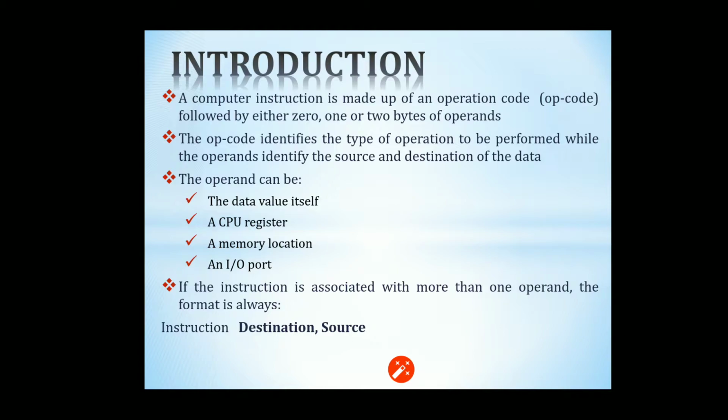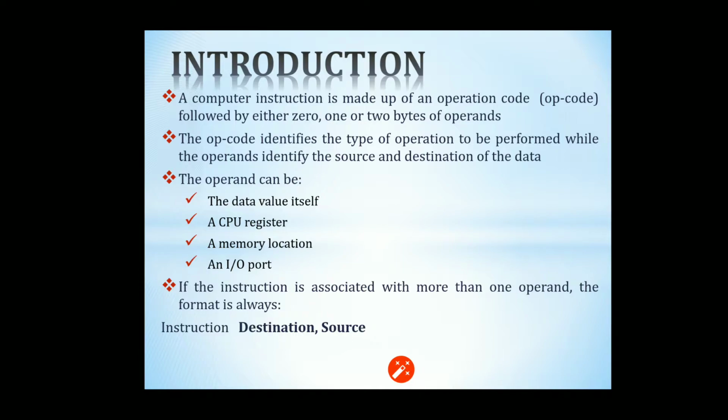As we know, a computer instruction is made up of the operation code, in short we call it opcode, followed by either 0, 1 or 2 bytes of operands. Operands are nothing but the data attached to the particular operation code. The opcode identifies the type of operation to be performed, while the operands identify the source and destination of the data.